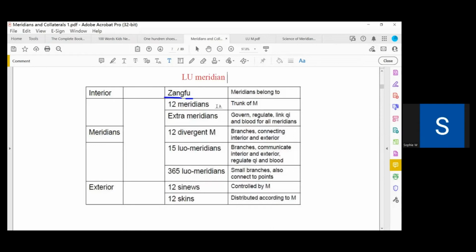Lung meridian. That means, yeah, kidney meridian belongs to kidney.